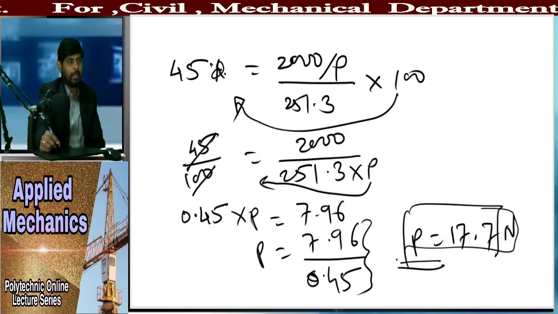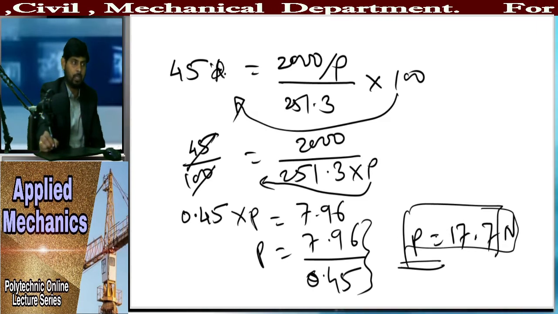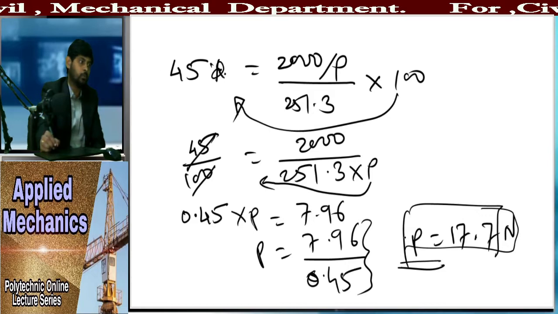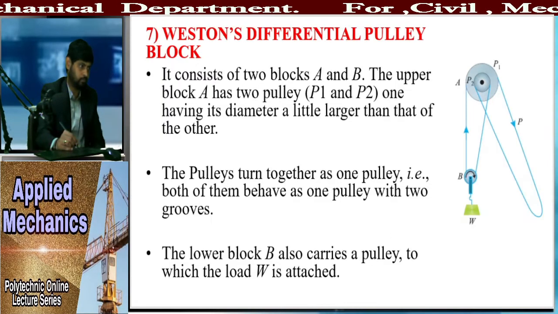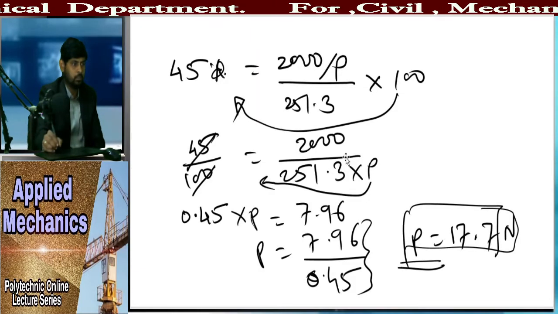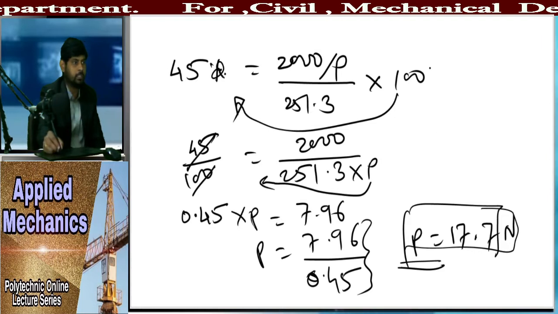So like this, you can write one sentence here. What sentence? The 17.7 Newton effort is required to lift the load of 2000 Newton.